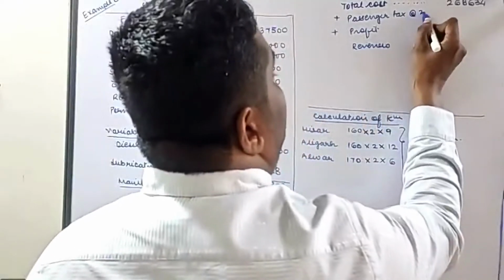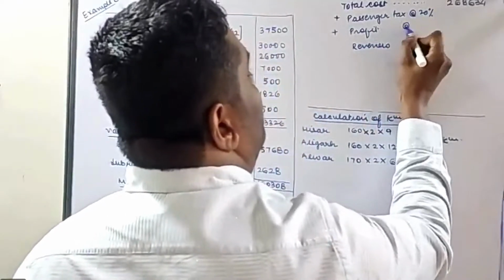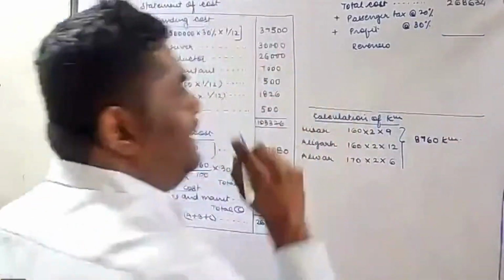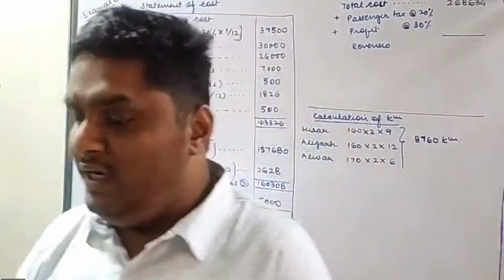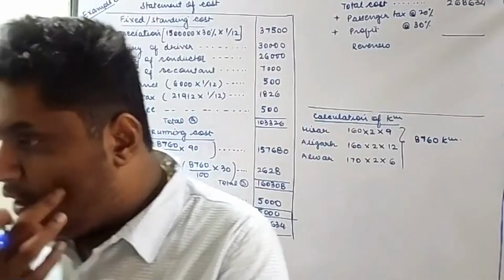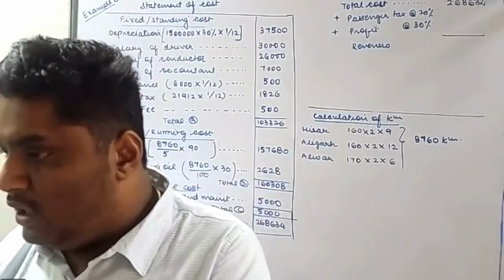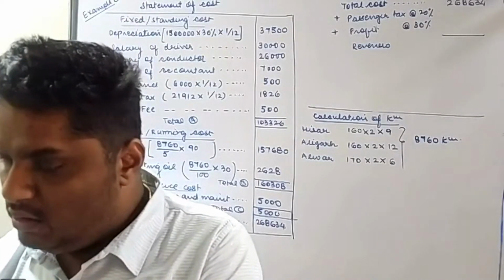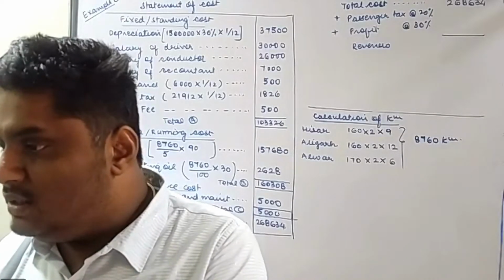Passenger tax at the rate of 20% and profit at the rate of 30%. So can anyone tell me what will be the total revenue? Waiting for your answers. Okay, so I've got answers from Anshu, Pawan Kumar and Neeraj. Let me check. So yes, your answers are correct.